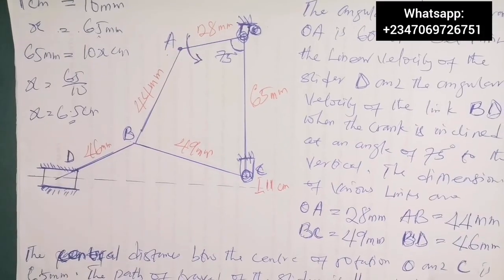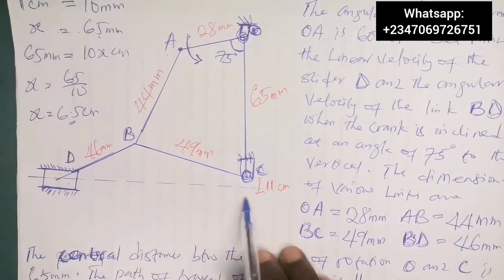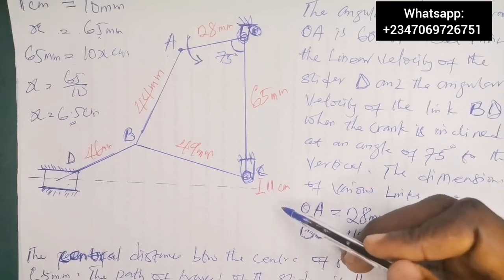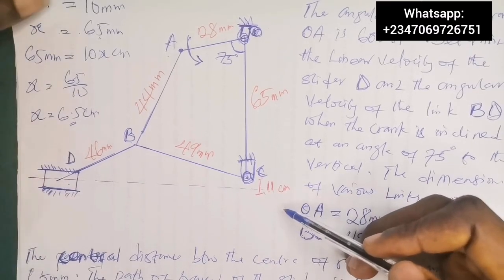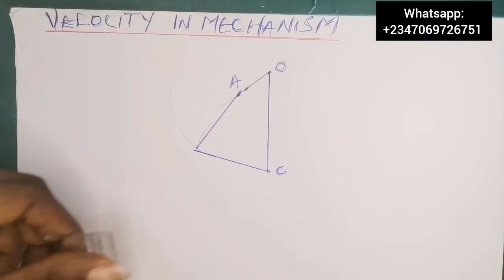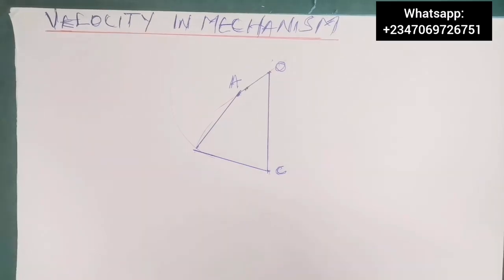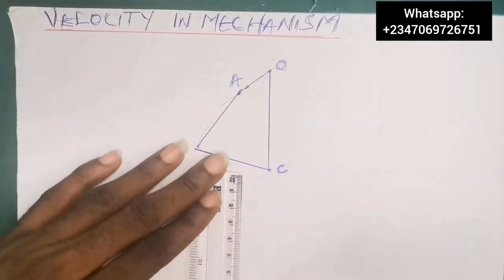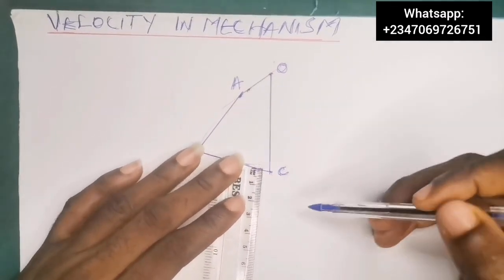Okay, so it was stated that the slider moves horizontally and the height of the slider to point C is simply 11 millimeter. That's around 1.1 centimeter. So you simply measure out 1.1 centimeter from point C. So you simply measure 1.1.